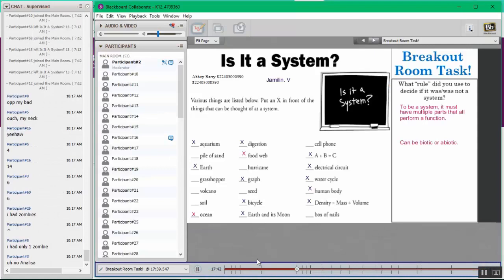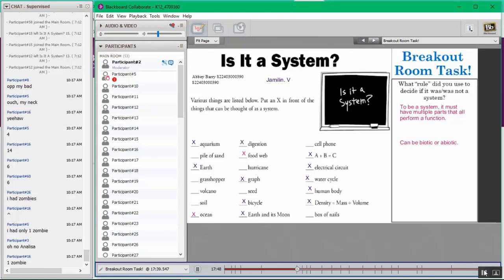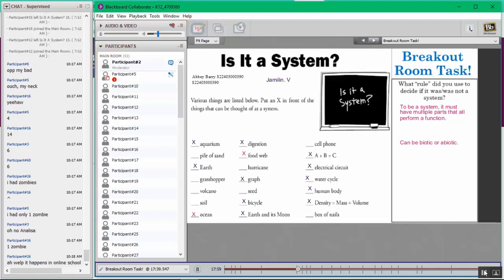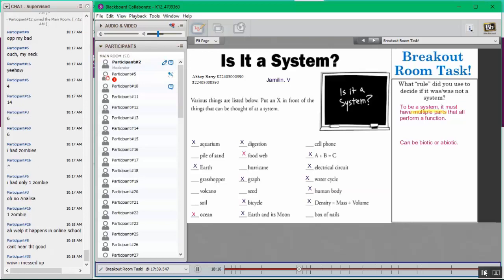Okay, Abby, Jamlin, and either of you want to jump on the mic and explain real fast? So, Abby and I were discussing what is a system. Abby's idea was that a system must have multiple parts, and my opinion was that it has to have a function that works, and it can be both biotic and abiotic.